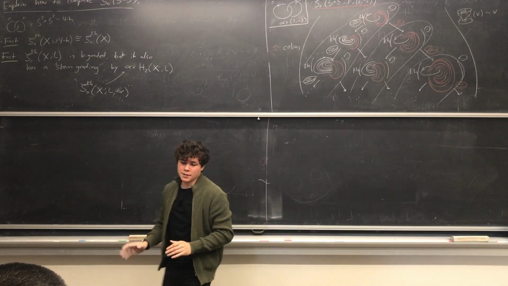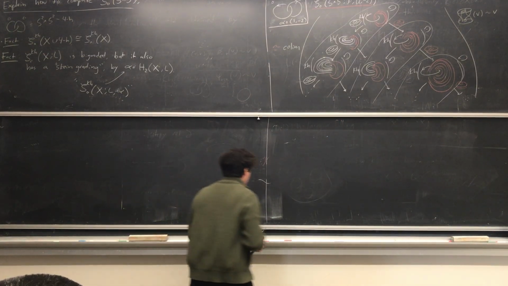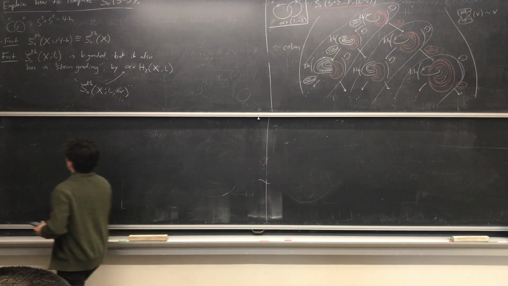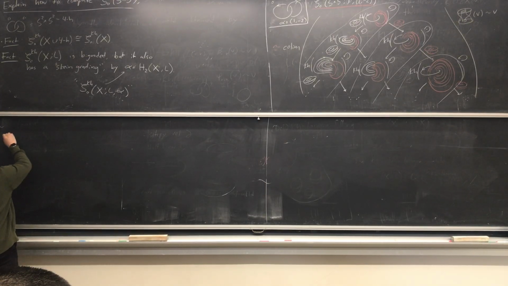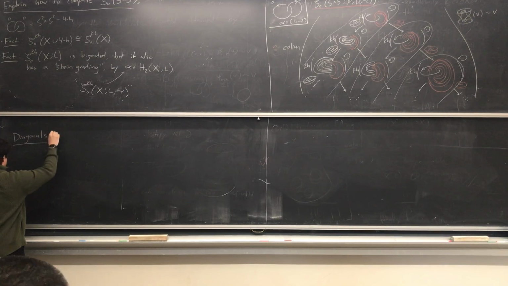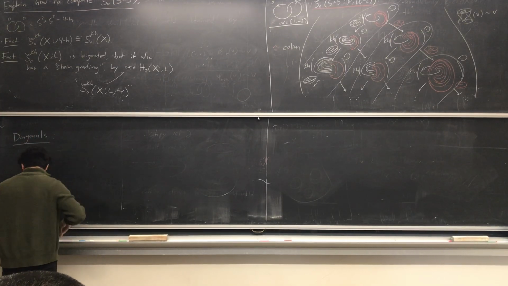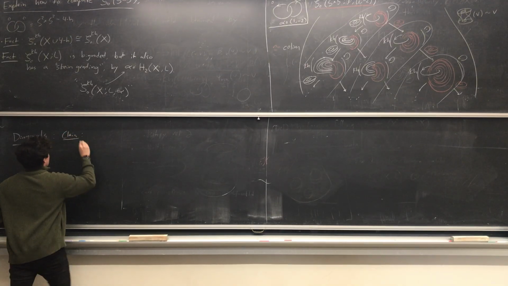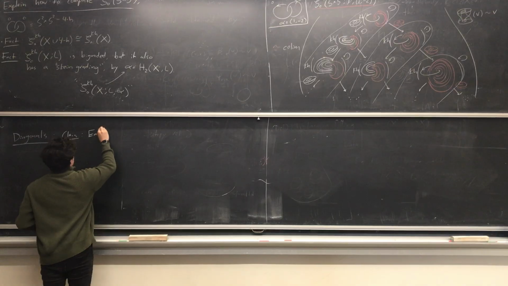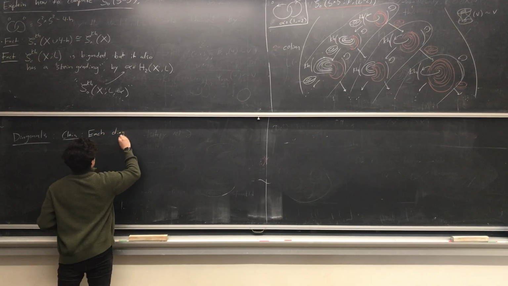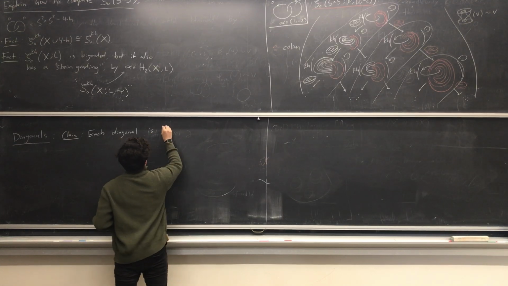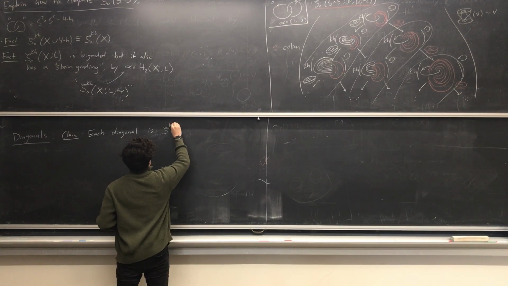They are themselves a skein lasagna module. Okay, so diagonals. The claim is that each diagonal is a skein lasagna module of the following form.